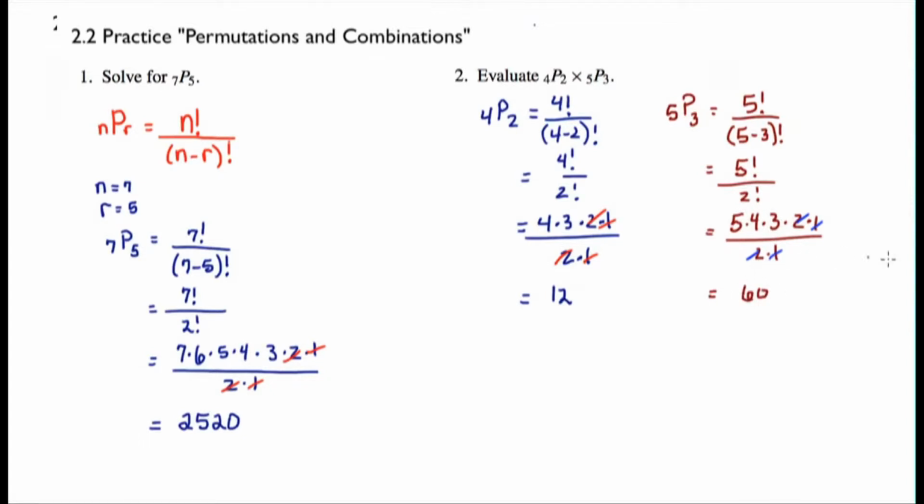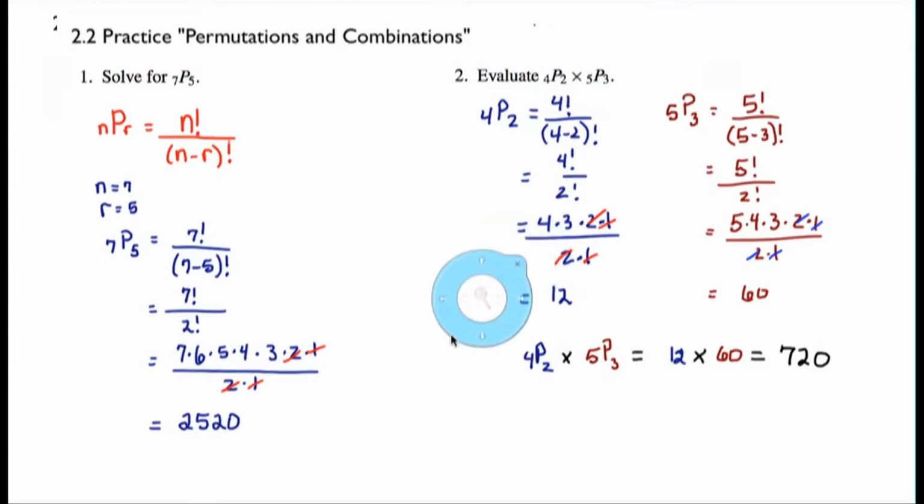So I want to evaluate these two multiplied, so I just take 12 times 60. And my answer is 720. We'll see something like that on the last problem of this practice set.